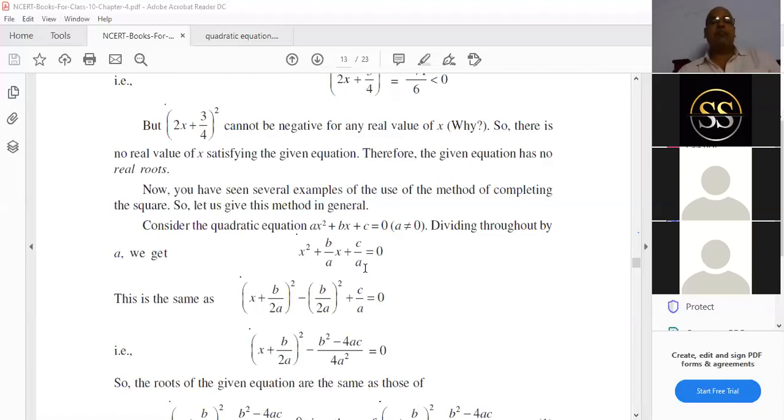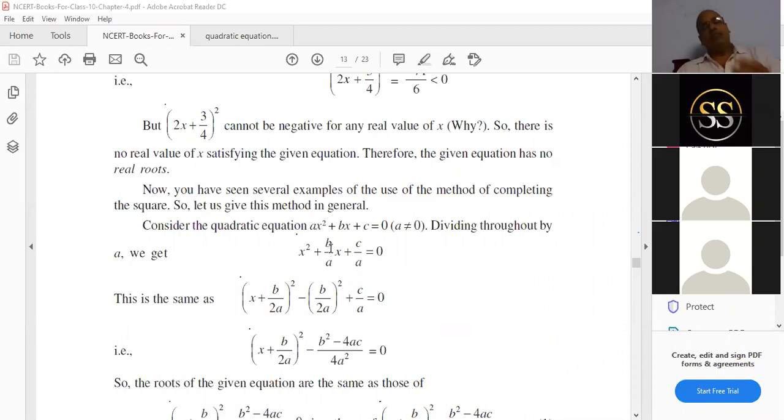And then the next important step: x square means (x) whole square, means a square, where a means x. Everyone should understand this is a square, a means x, plus here I want to get the 2ab term. That's why 2 of a means x, 2x I wrote. Actually, according to this, I have to get 2x. But how do I get b by a?